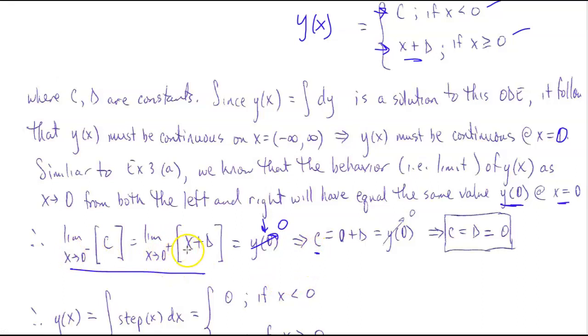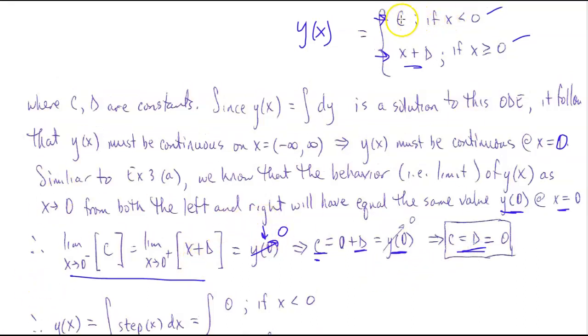The limit of x plus d, where in this case we're going to plug in 0 for x. So we get 0 there plus d. And we see here that c is going to be equal to d, which is going to be equal to 0. Okay. And so because of that, we now know that both c and d are 0.